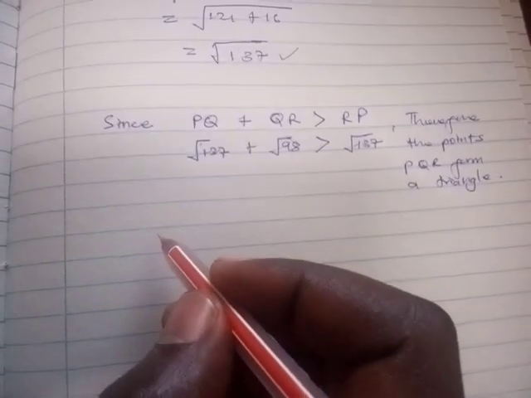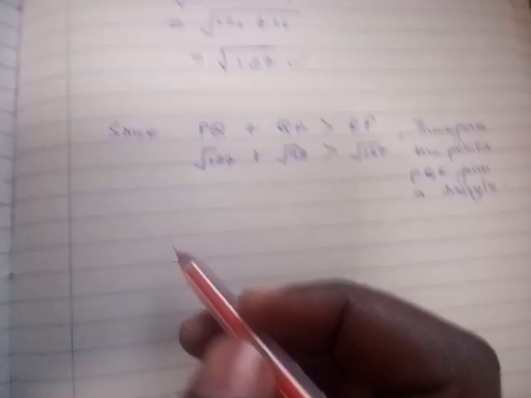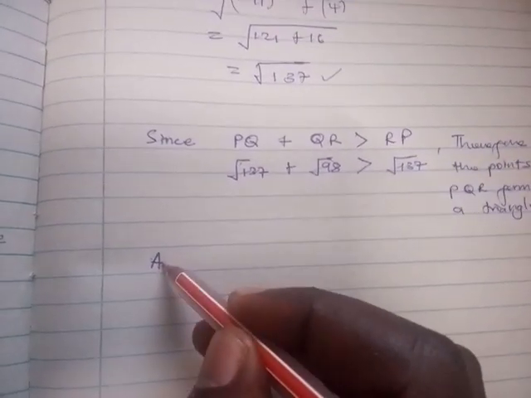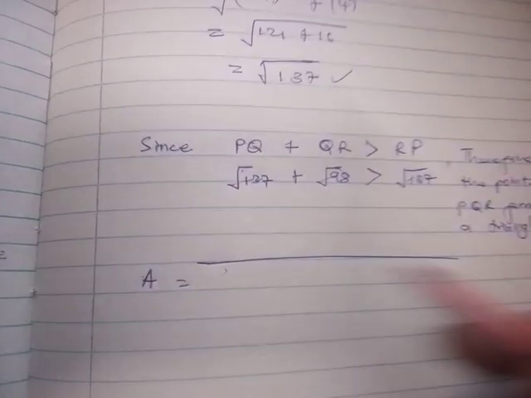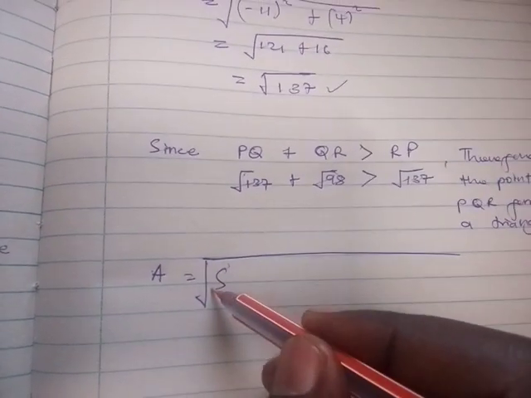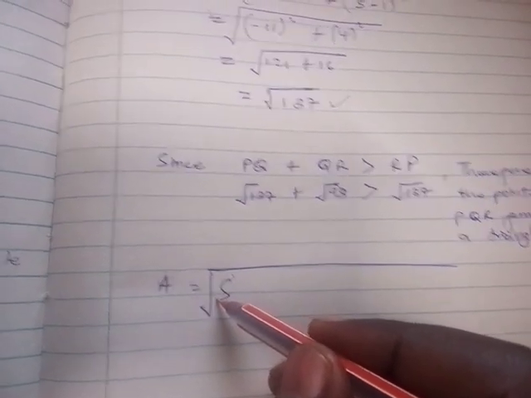Then this number also has the hence part. They want us to substitute in the formula. The formula is A, meaning area, is equal to root of S, this S, they said it is the semi-perimeter, into S minus a.